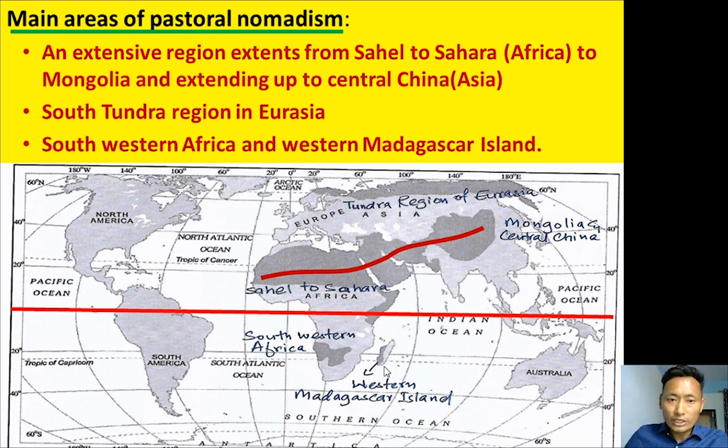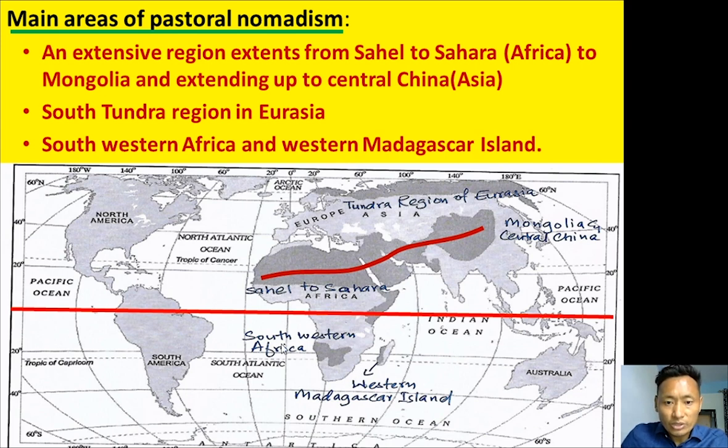So if you look at the map, we can generalize that most people engaged in pastoral nomadism are located north of the equator, but only a few people are doing pastoralism in the southern hemisphere.